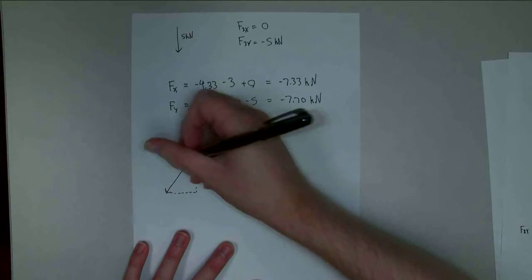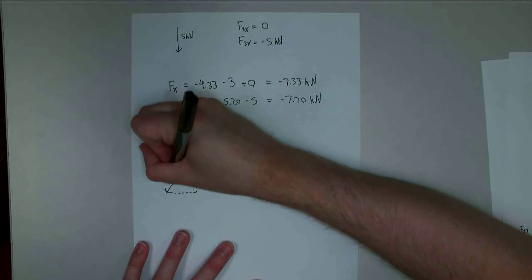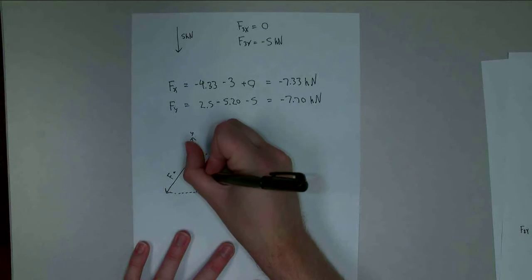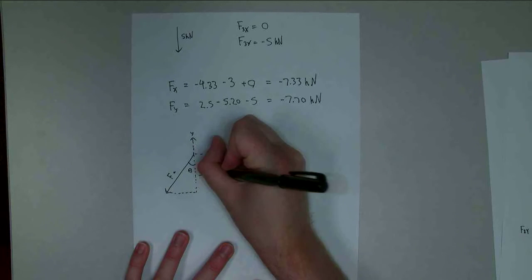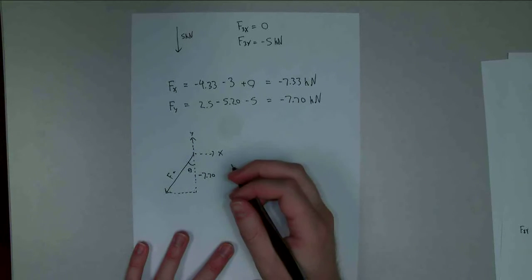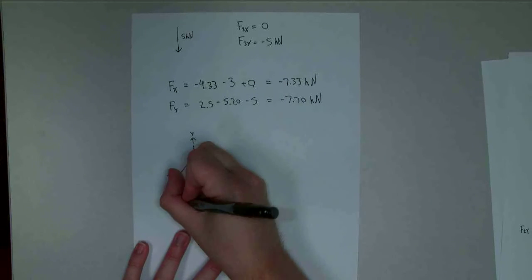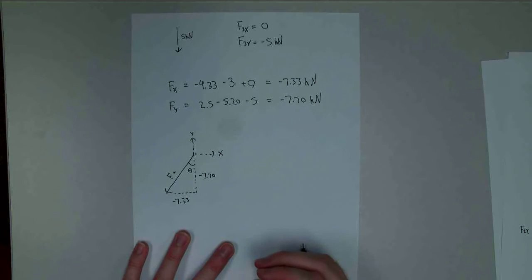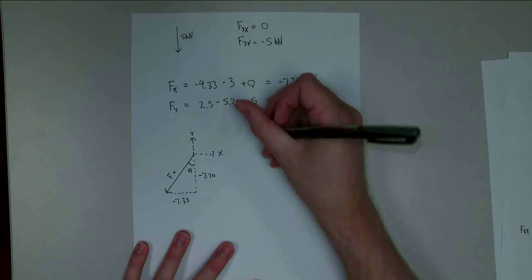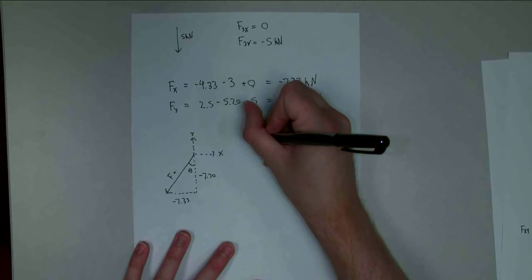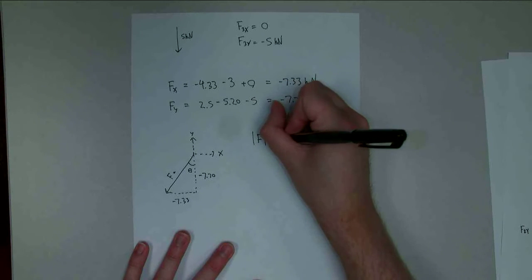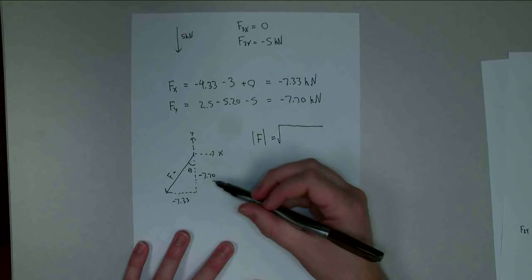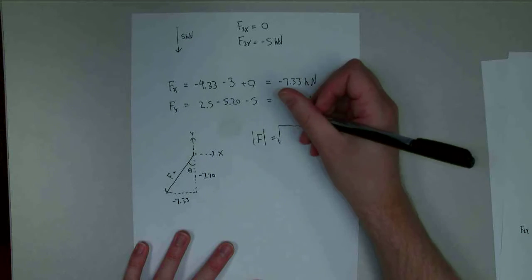I need to figure out what the overall magnitude is. And I know that the y component is negative 7.70, and the x component is negative 7.33 kilonewtons. Alright, so the magnitude of the force, I use the bars to indicate the magnitude, is going to be the square root of my two legs, just Pythagorean theorem.